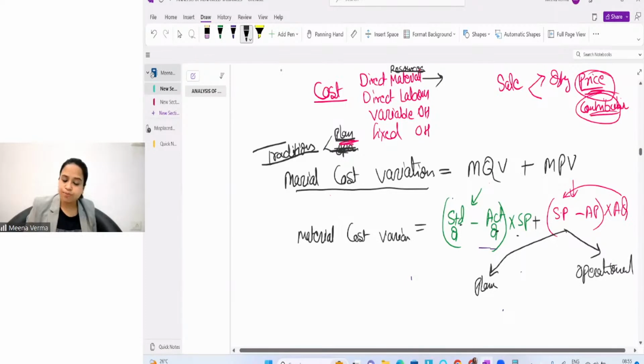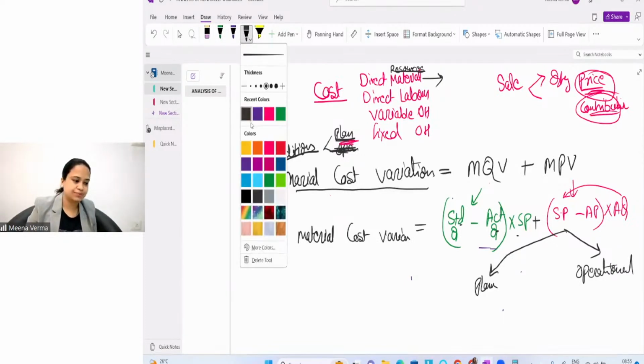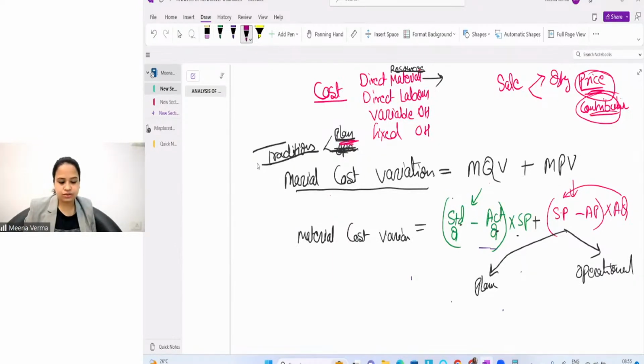Right? So for planning variation, you can consider the budgeted, you can consider the standard. Just give me 1 minute. We will consider the actual budgeted. Just remember: actual budgeted, revised budgeted. This is my planning variation.